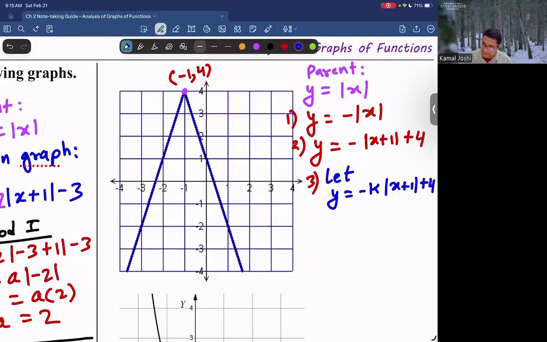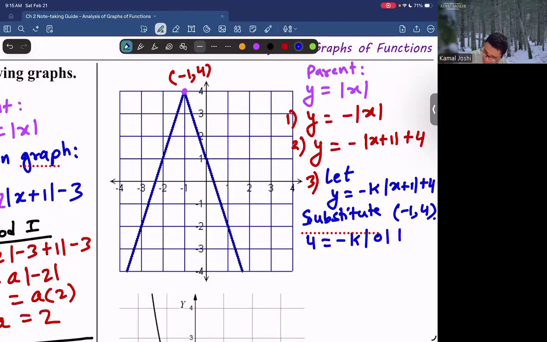And use the point, substitute, I would write here. Substitute that point -1, 4, which is the vertex. You get 4 equals minus k times x is -1, so -1 plus 1, 0.